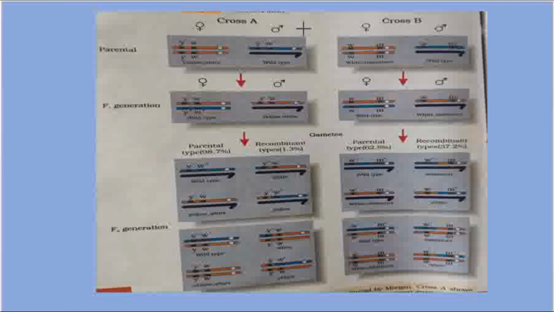So you can see in the picture, right, the same picture in your book. Here you can see the cross A, here you can see the cross B, the male and the female are given here. So here they have given us chromosomes. Why as chromosomes? Till now, in Mendel's experiments, we saw capital letters meaning dominant, small letters meaning recessive, capital R for round, and all round yellow we saw.